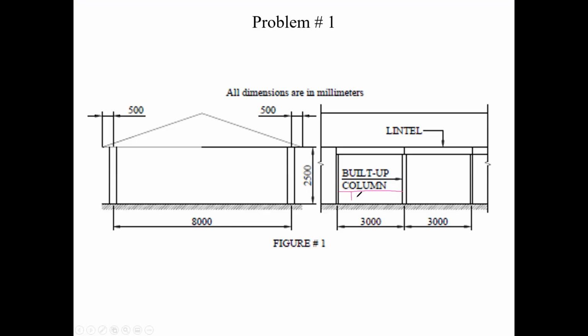And I didn't bother putting down the closing, but it doesn't matter whether it's closed or not. This is what's going to determine the span of this beam. And here you can have another opening and so on. I will go over this in the project, where you have something very similar, with a door and a window, and that's going to be the column that's the most critical, and so on.